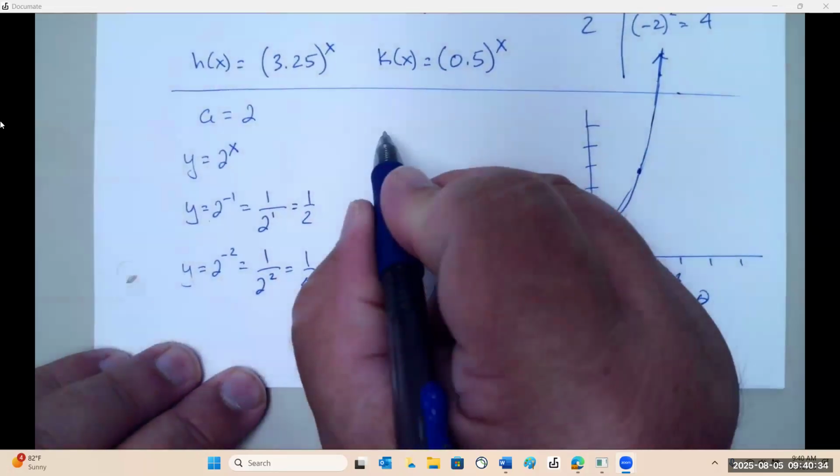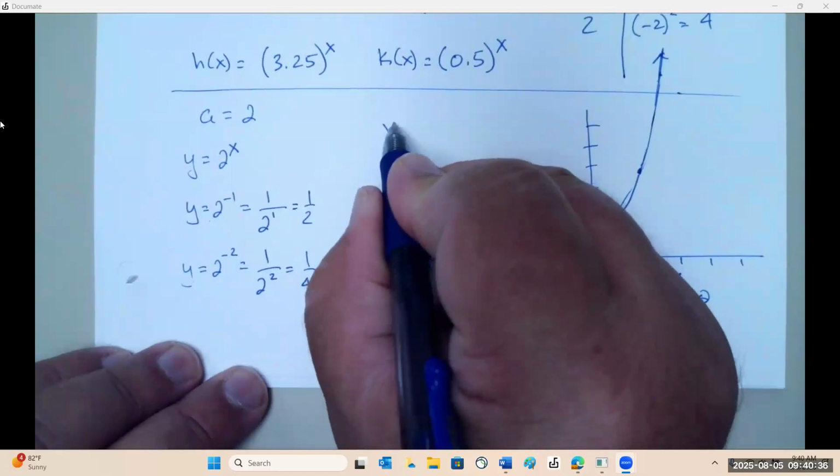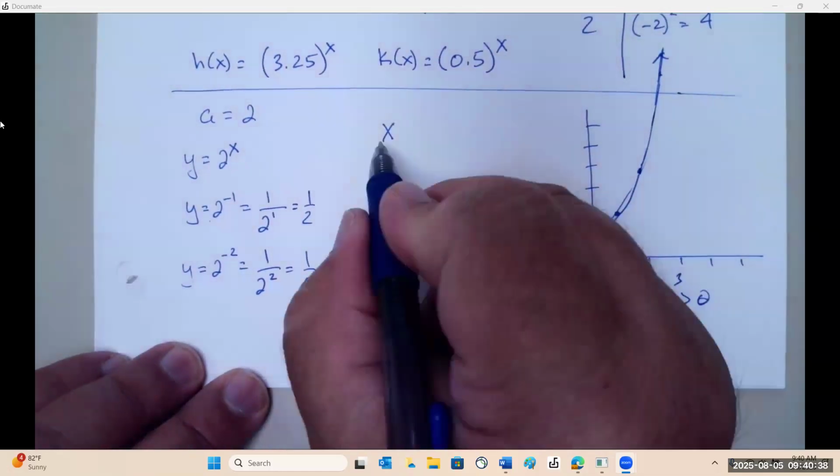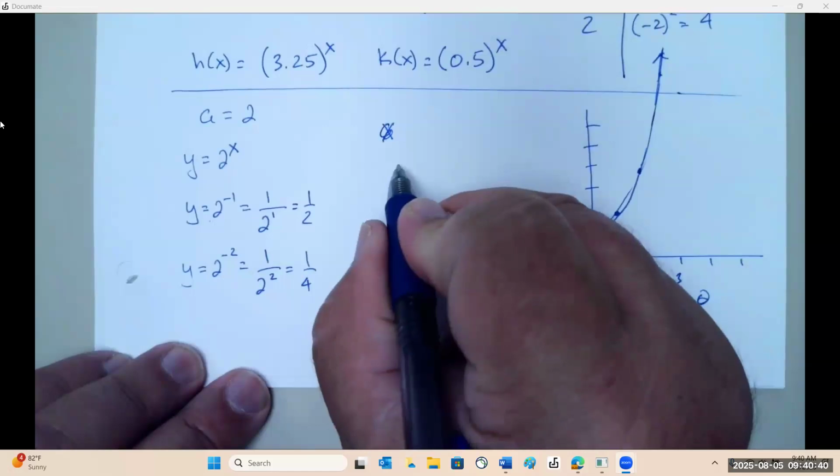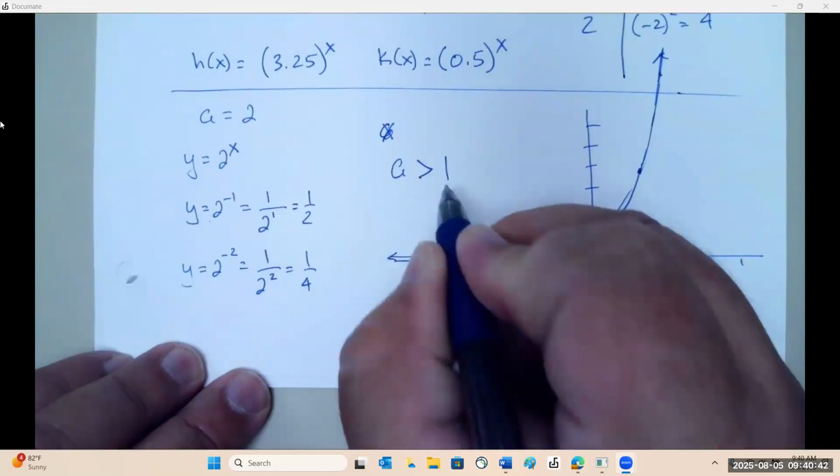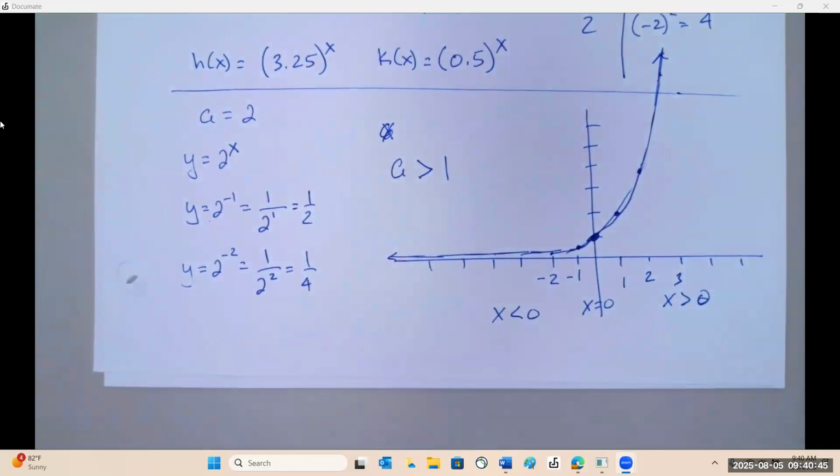This is what it looks like when a is greater than 1. Remember, it can't equal 1, but it can be greater than 1. The graph will look like this.